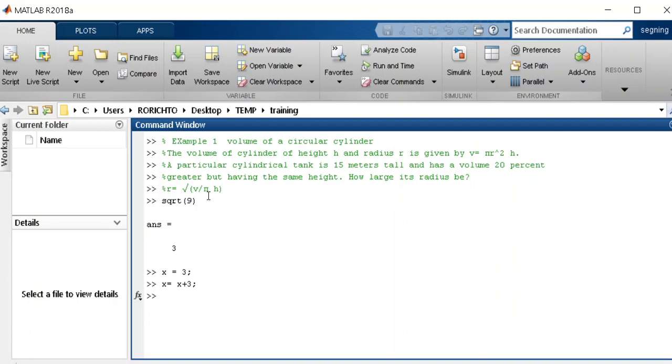Well, first of all, we assign pi equals this value. This symbol is nothing but to specify that we declare our value.